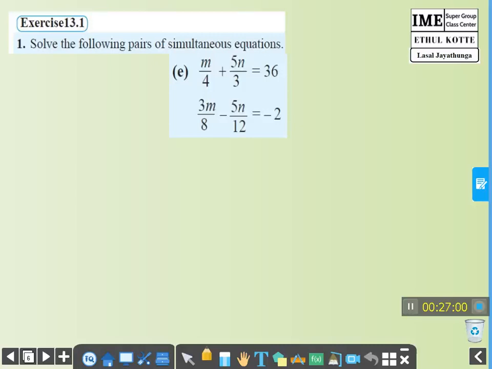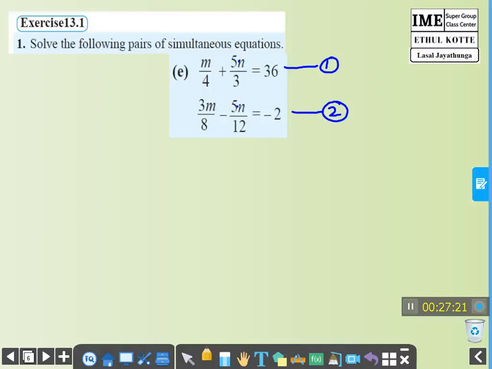m upon 4 plus 5n over 3 equals 36. 3m over 8 minus 5n over 12 equals minus 2. Right. Now we'll decide how to make the same coefficients.